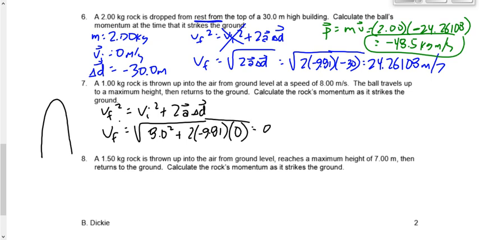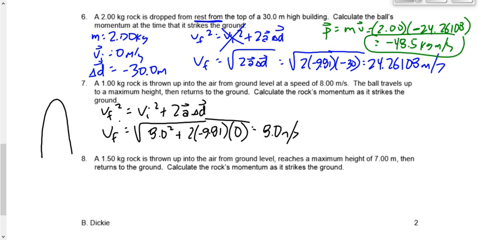So that makes my final speed 8 meters per second. Go figure. Lots of us figure that out just logically, but mathematically it works out to be the same value. It doesn't really matter how you figure that out. There's always a math way, but sometimes we can logically figure it out as well.